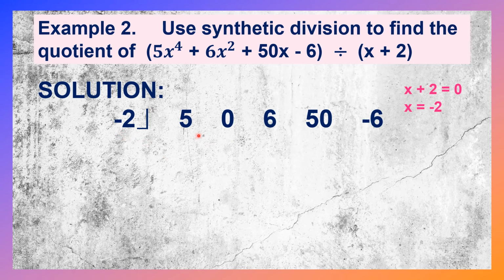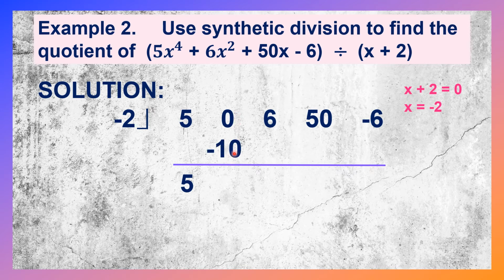So, our first step in synthetic division is just bring down the first numerical coefficient, which is 5. Then, multiply 5 to the divisor. So, negative 2 times 5 is equal to negative 10.